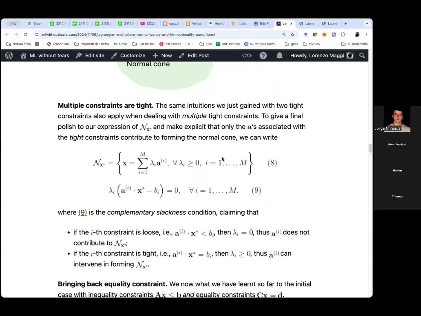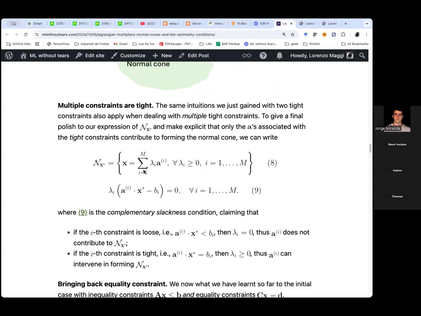But the new thing that we have introduced here is this condition, which is called complementary slackness. What does it say? The first one is the classic one. This is exactly the cone defined by the A's, but here we sum across all constraints.